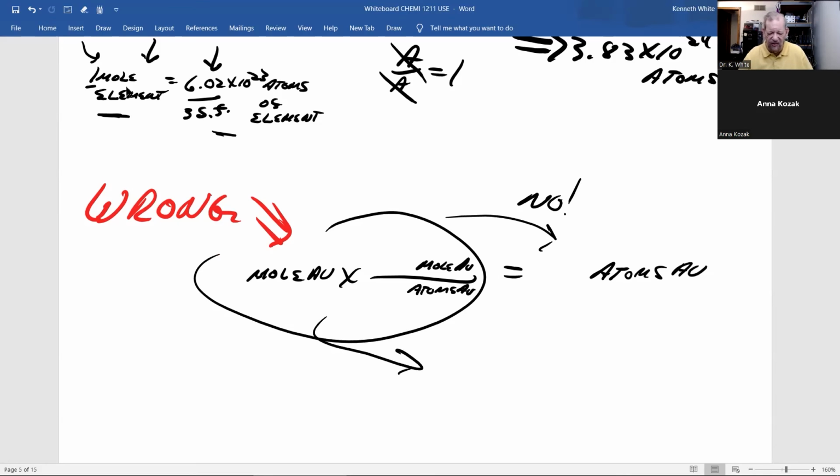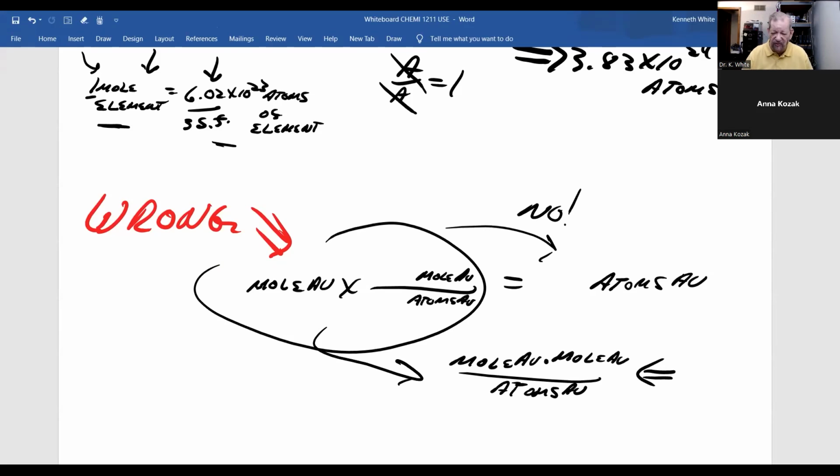What it does get you to unit-wise is moles of Au times moles of Au divided by atoms of, in this case, gold, Au. Is that what we want the units of our answer to be in?